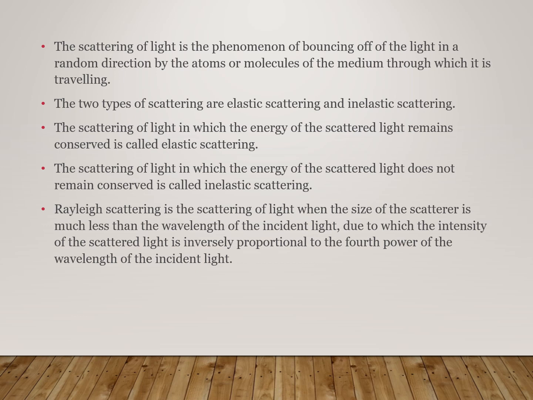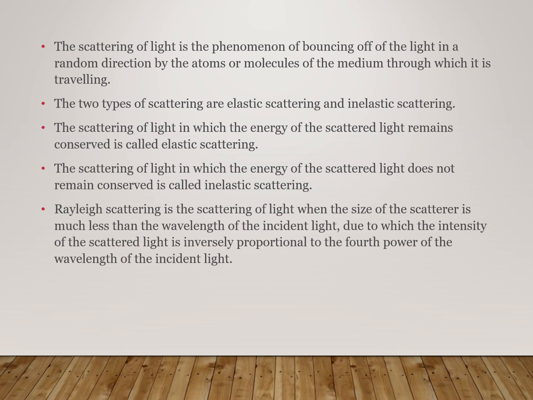We can also say the scattering of light is the phenomenon of bouncing off the light in a random direction by the atoms or molecules of the medium through which it is traveling. The two types of scattering are elastic scattering and inelastic scattering.